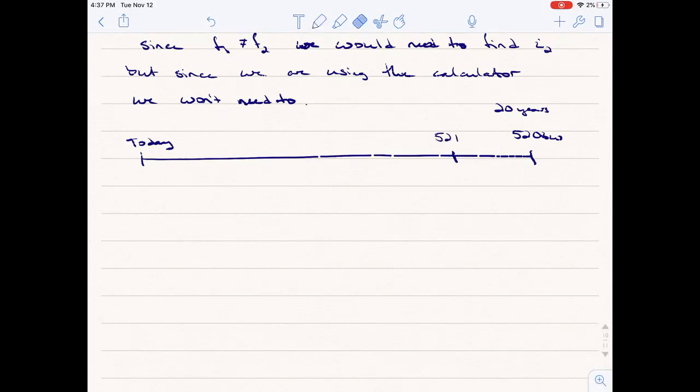Oh, sorry, 519. Going backwards. 519 biweeklies. Today, 1 biweekly, 2 biweeklies, dot, dot, dot. At least 3 in front and at least 2 end payments.